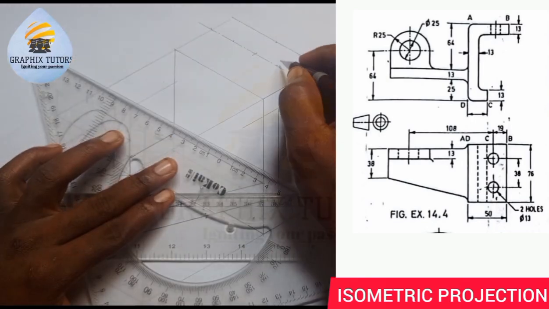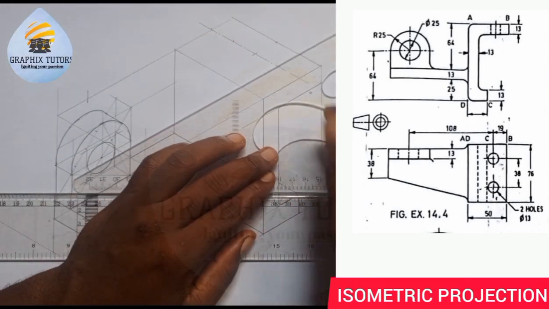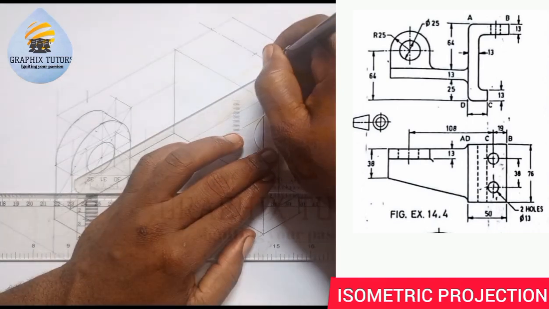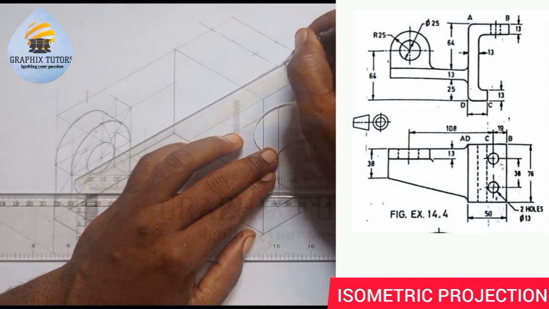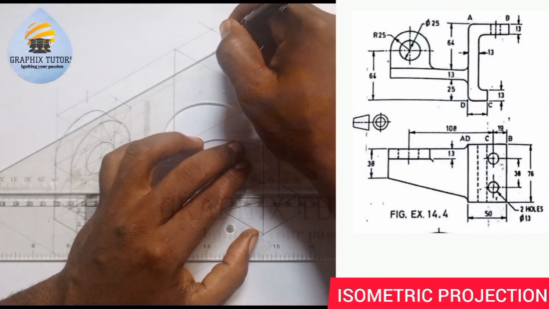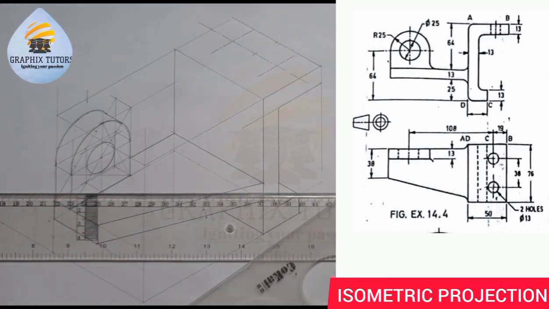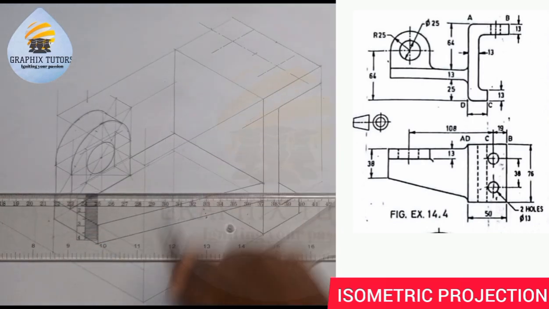So that will be the center of my circles, those two circles you're seeing. So I'll just draw long, short, long, short, long, short. Here also long, short, long, short, long, short. So it's at this point here that I'm going to draw my circles.